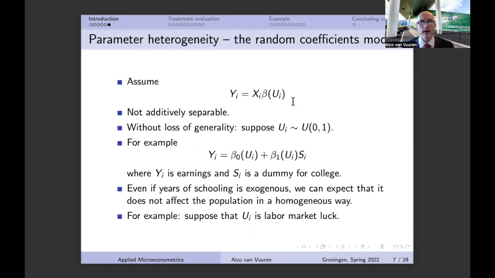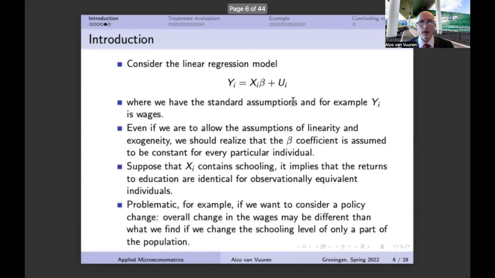In many lecture series on econometrics, people start with this model over here, and then they look at extensions of the linear regression model. They look at IV, and they look at all kinds of other, maybe non-linear regression models. They might even look at further extensions with respect to that.